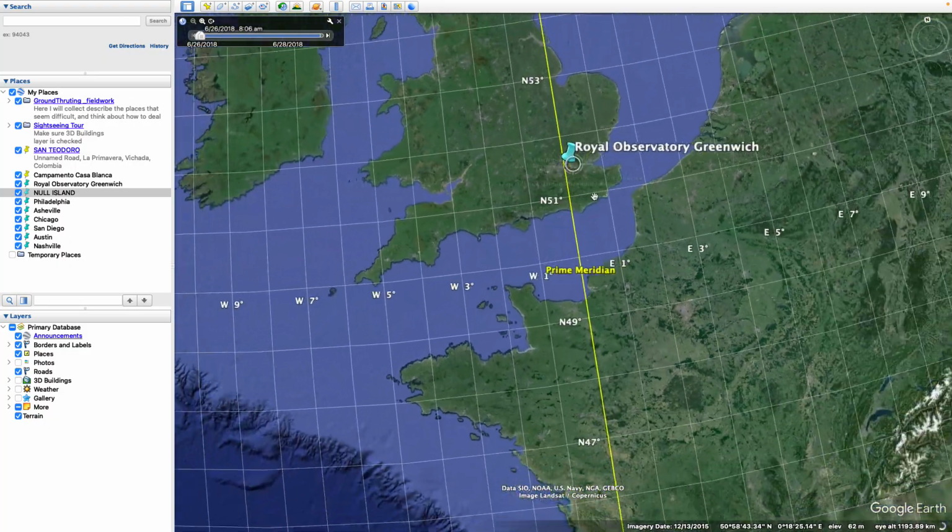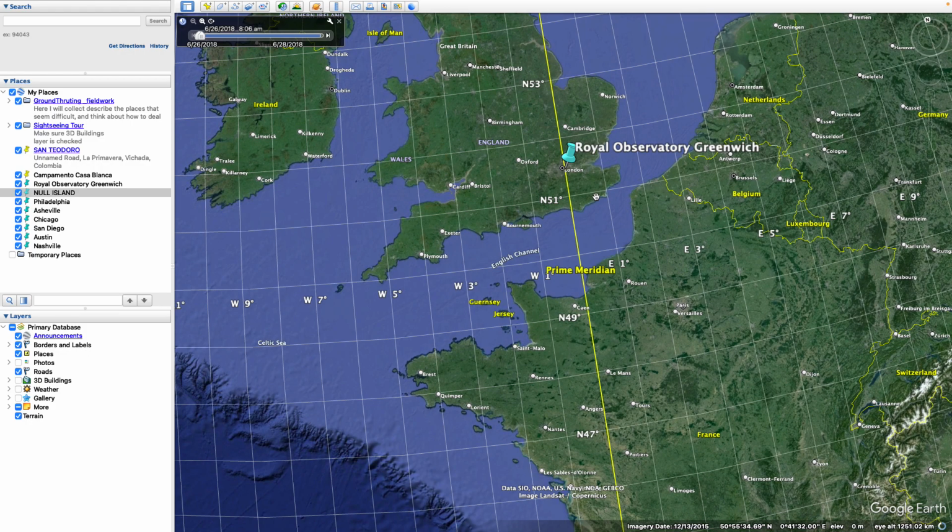There are historical and political reasons why 25 countries in the late 1800s had a conference and decided that this would be the reference meridian, and that's how the whole world ended up adopting it.